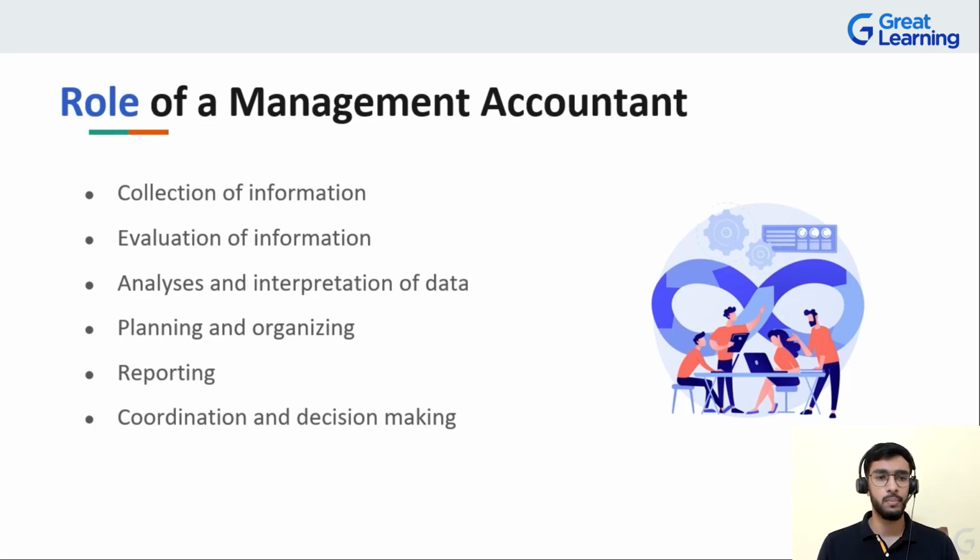Now coming to the third point, analysis and interpretation of data. The accounting data is meaningfully analyzed for effective planning and decision making. The data is represented in a comparative form, ratios are calculated, and likely trends are projected to the upper management. Now coming to the fourth point, planning and organizing. A management accountant assists the management in planning as well as formulating policies.